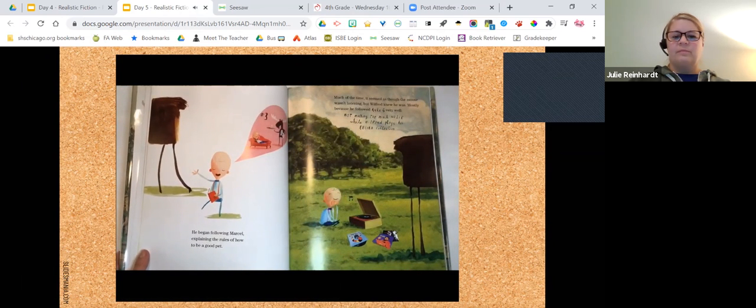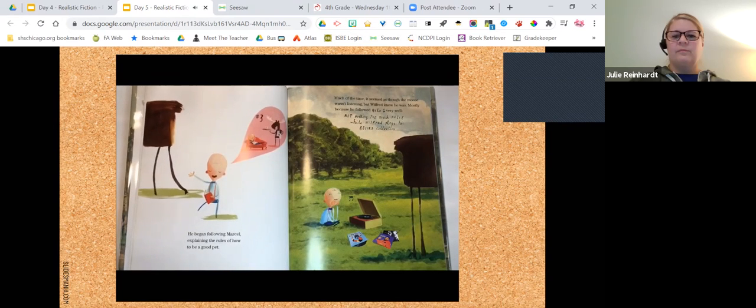He began following Marcel, explaining the rules of how to be a good pet. Much of the time it seemed as though the moose wasn't listening, but Wilfred knew he was, mostly because he followed rule number 4 very well. Not making too much noise while Wilfred plays his record collection.